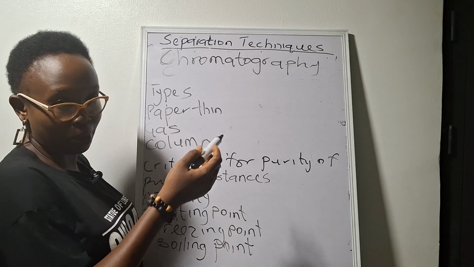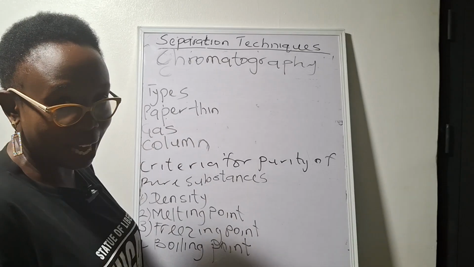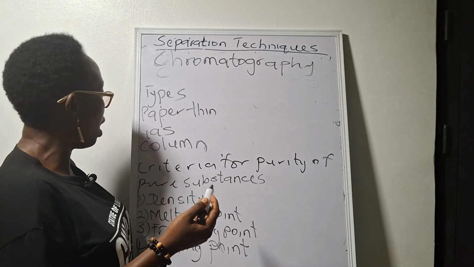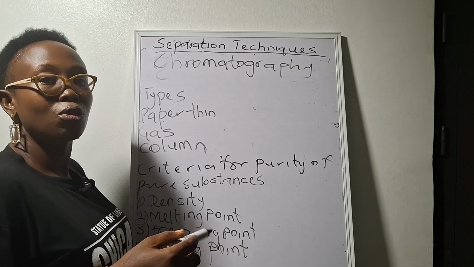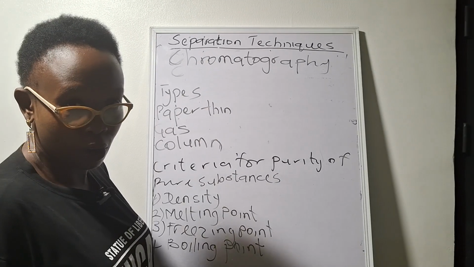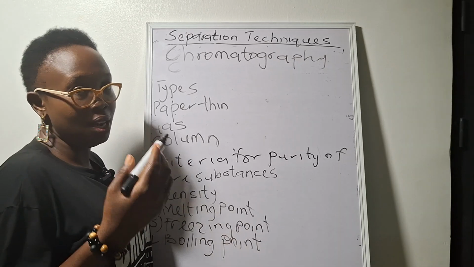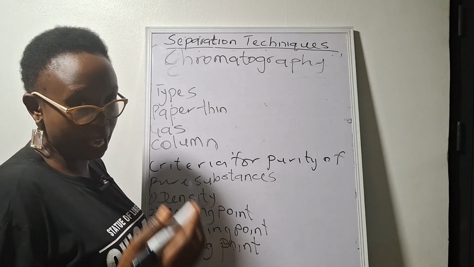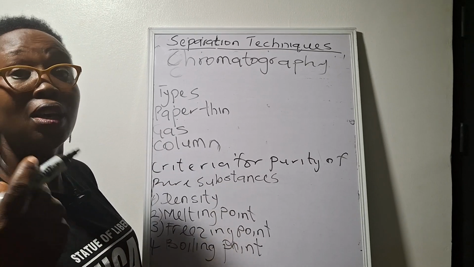Gas chromatography, we use it to separate complex gases from each other. And we use column chromatography to separate colored mixtures from dye, leaves, or ink. That is what we use column chromatography for.